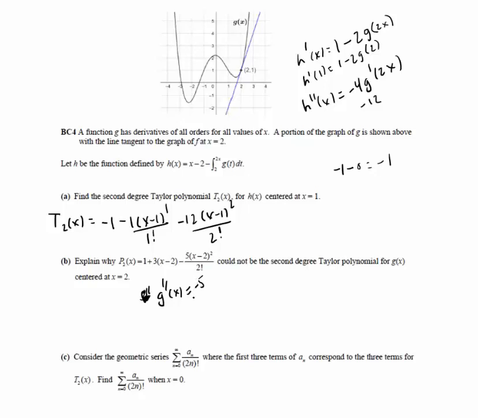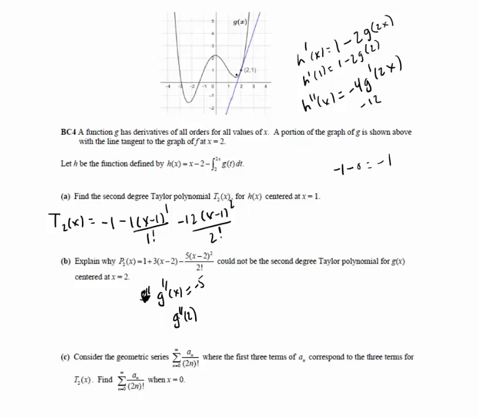All right, so now how do I get the second derivative, centered at 2 as x is 2? So I'm looking for g double prime at 2. Well, how do we get the second derivative off this graph?